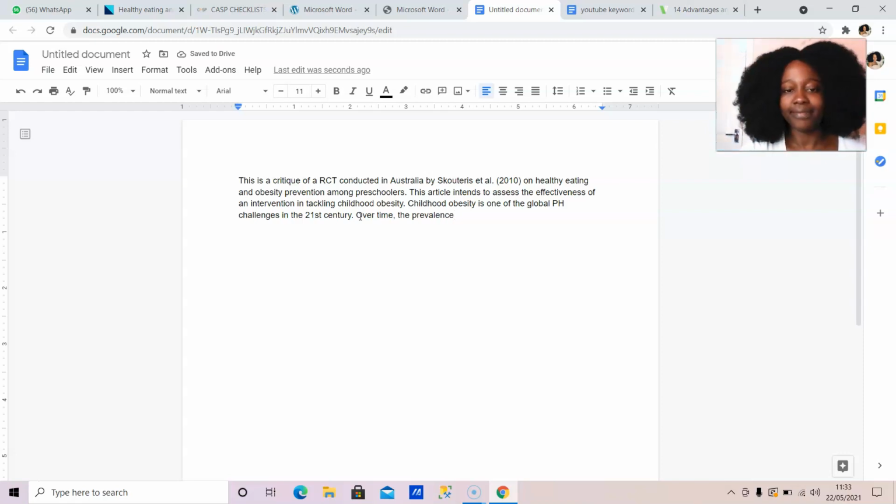Okay, so the prevalence of childhood obesity has risen from 11 million to 124 million within 40 years.